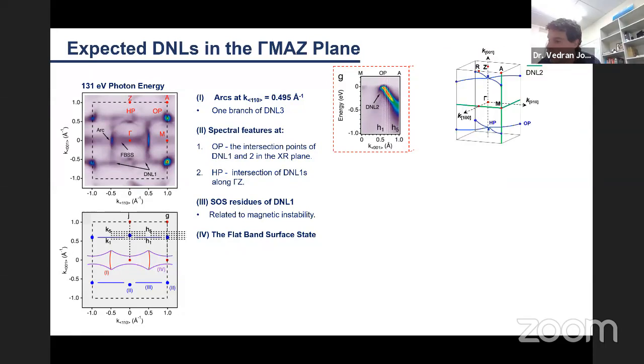And then we take a look at the expanded view of the DNL2 along MA. It highlights the band maximum at the OP point.